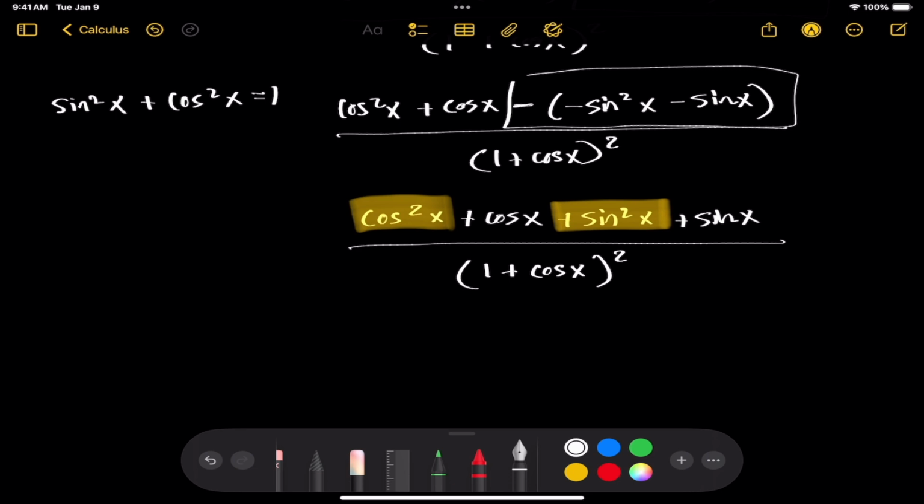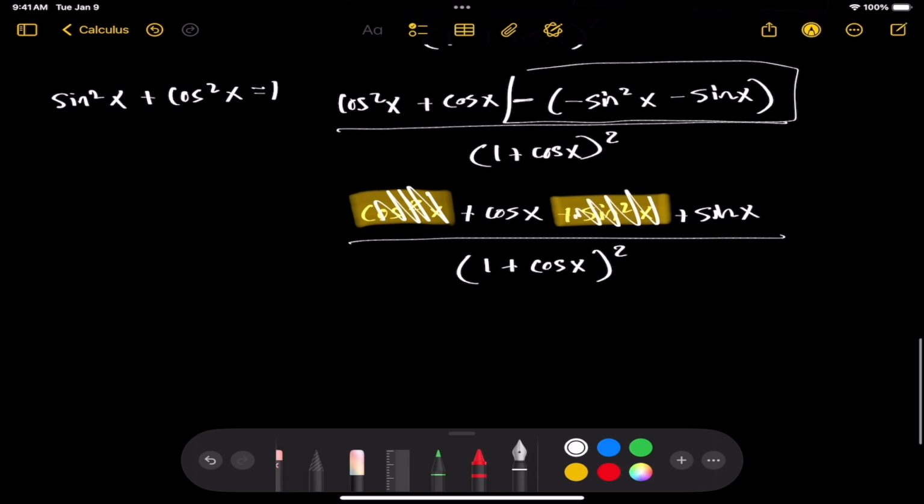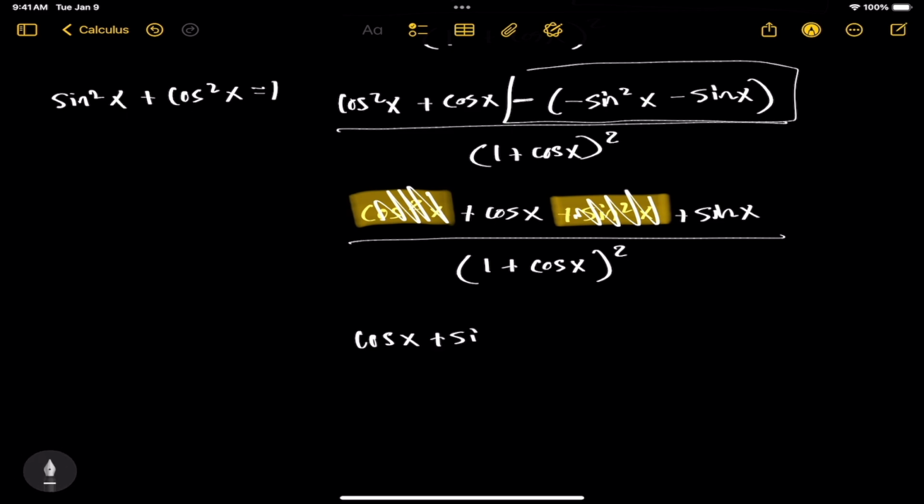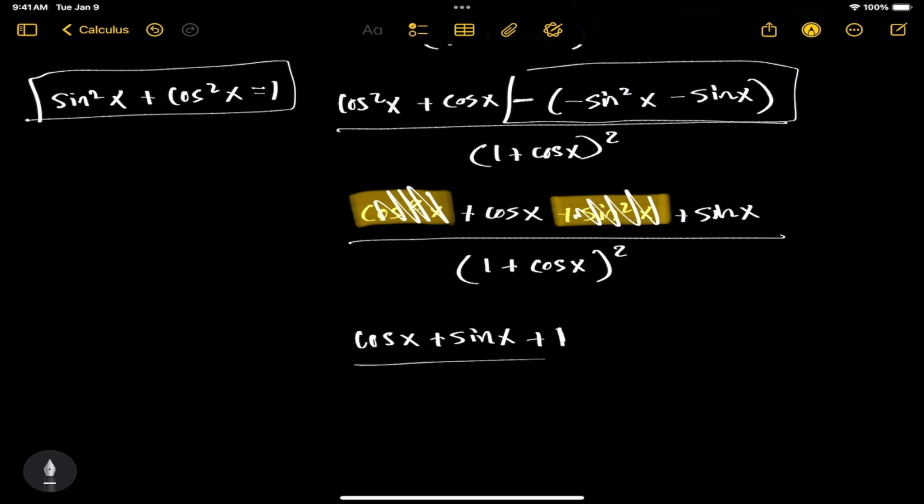So we're going to change that to 1. So initially what's happening here is they're disappearing. We're just going to add a 1 there. So I'm going to go ahead and say cosine x plus sine x plus 1, because that is the trigonometric identity here. So you want to write that down somewhere in a sheet of paper where you have your identities. Okay, and then it's over the 1 plus cosine x squared.